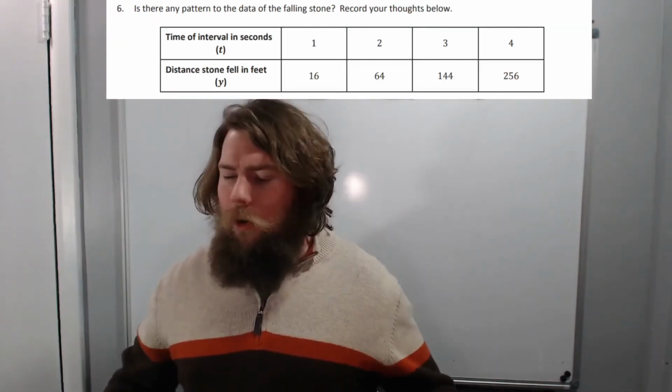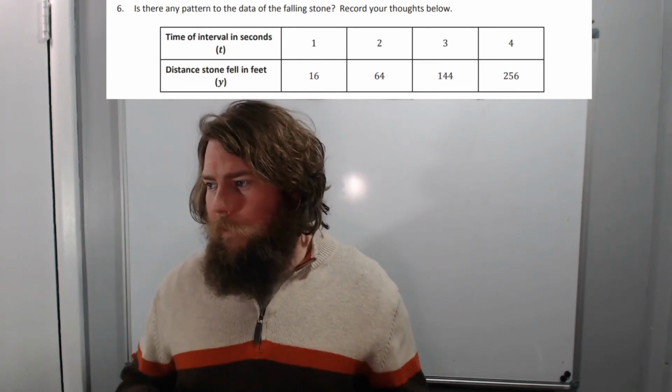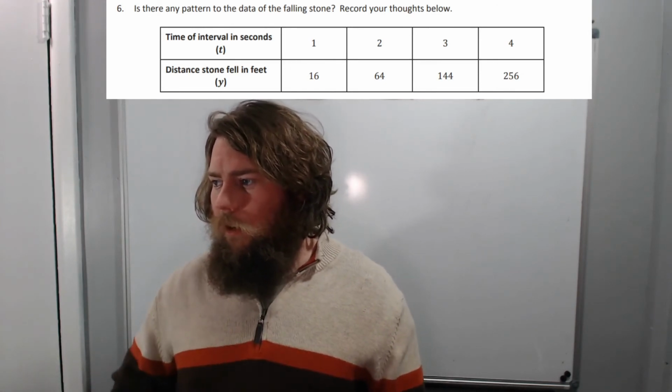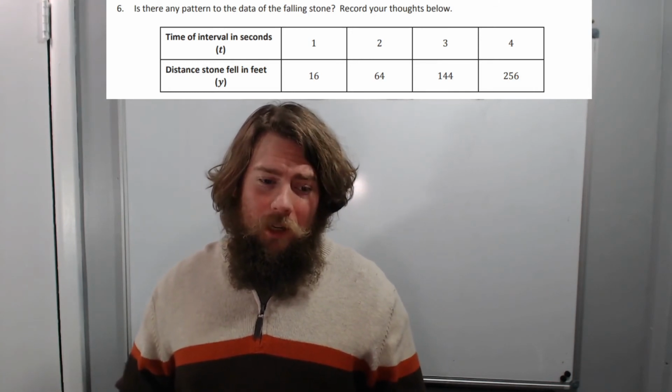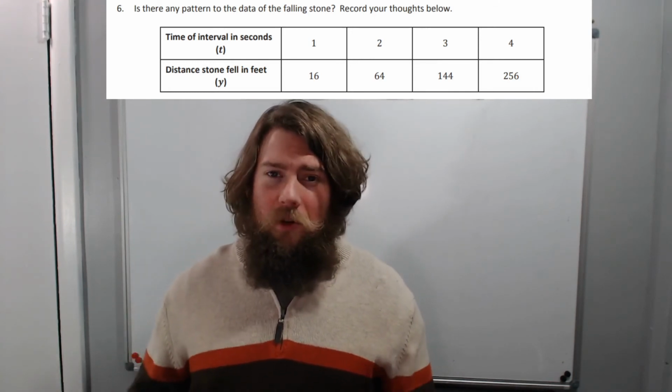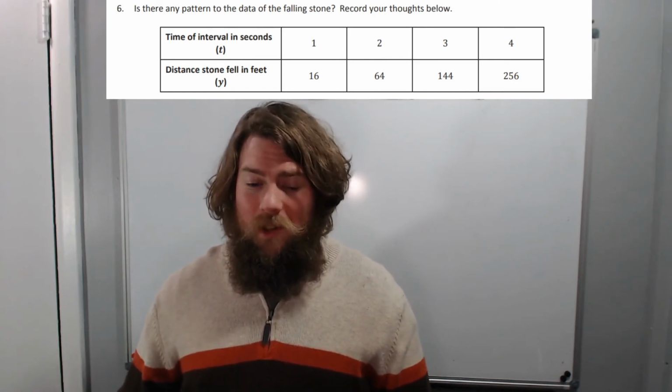Okay, guys, this is the last one. It says, is there any pattern to the data of the falling stone? This is definitely going to be new, and it really just has to do with playing around with the numbers and seeing how they are related.